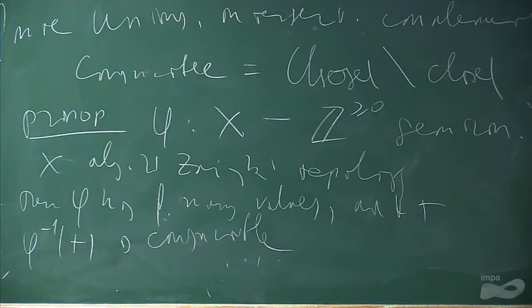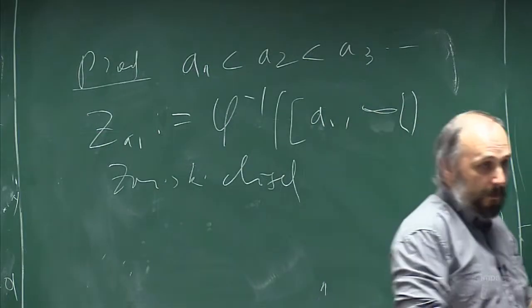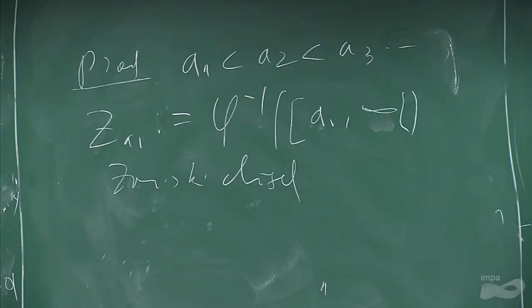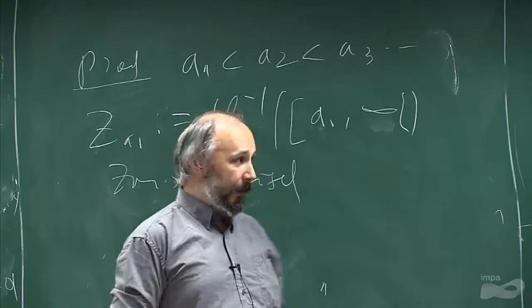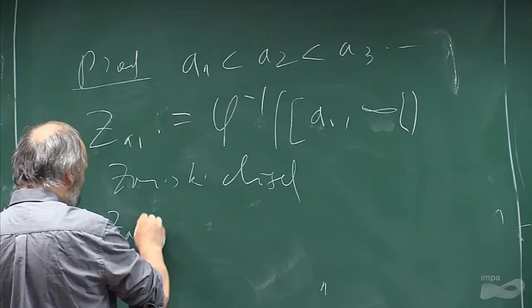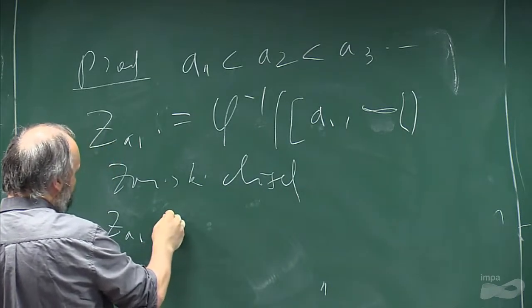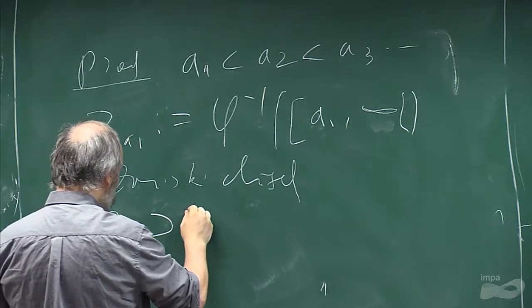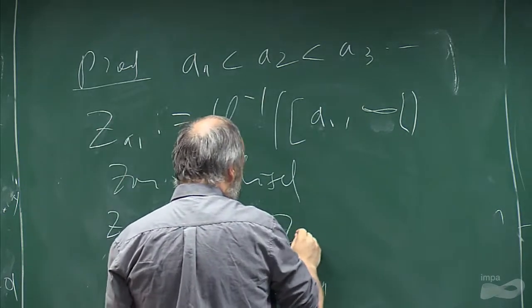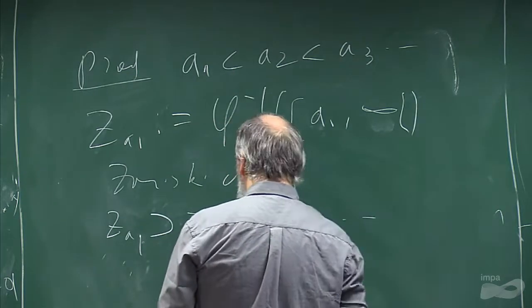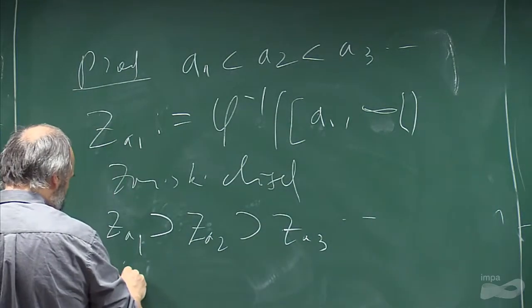This is Zariski closed by semi-continuity. On the other hand, this gives you a monotonous sequence of embedded Zariski closed subsets, which has to stop by Noetherianity. Then Z_Ai stabilizes. So Z_A1 contains Z_A2, contains Z_A3, and so on, and stabilizes by Noetherianity.